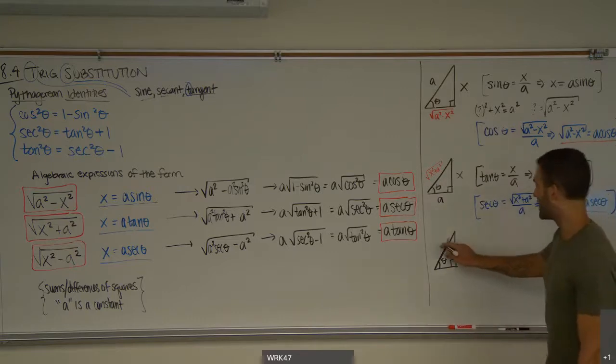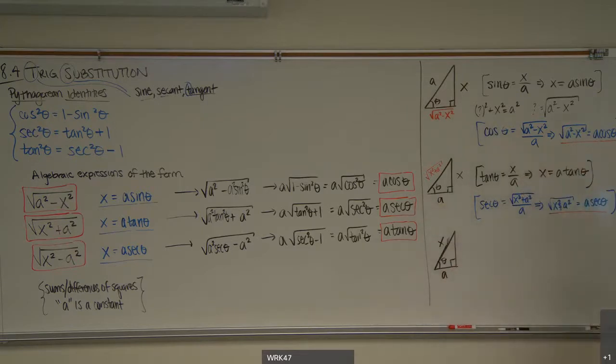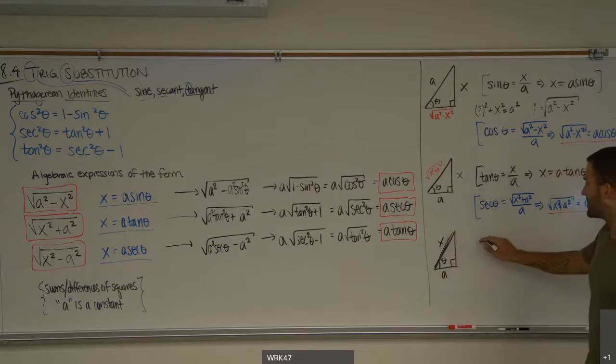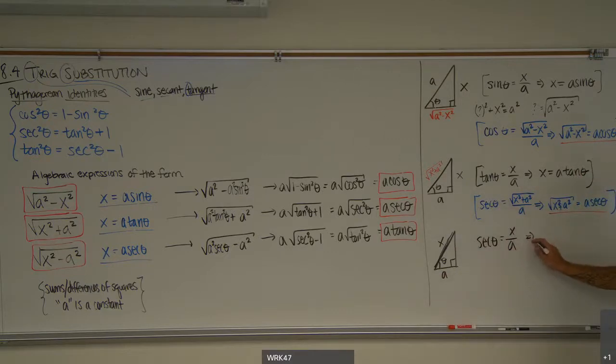So maybe we have something like this. Well, hypotenuse and adjacent, that's a cosine or secant relationship. In this case, since the hypotenuse, we're going to make the x, we'll have to put it in the numerator, make a secant relationship. Secant of theta is x over a, which implies, of course, that x is a secant of theta.